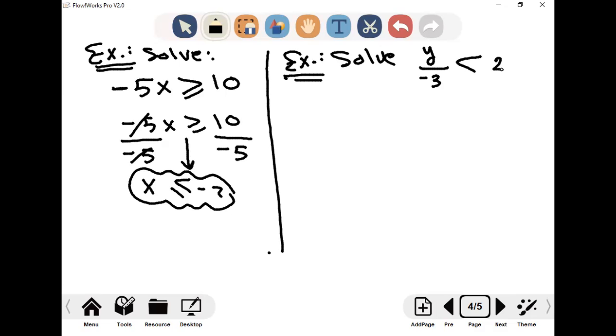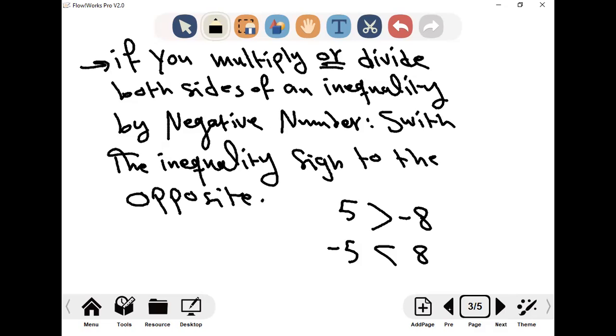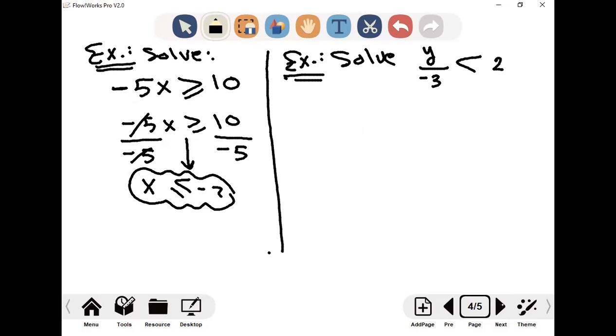We said if you have division, you multiply both sides by the divisor. Let's read the note. If you multiply or divide both sides of the inequality by a negative number, switch the inequality sign to the opposite. So here, I will multiply both sides by negative 3.